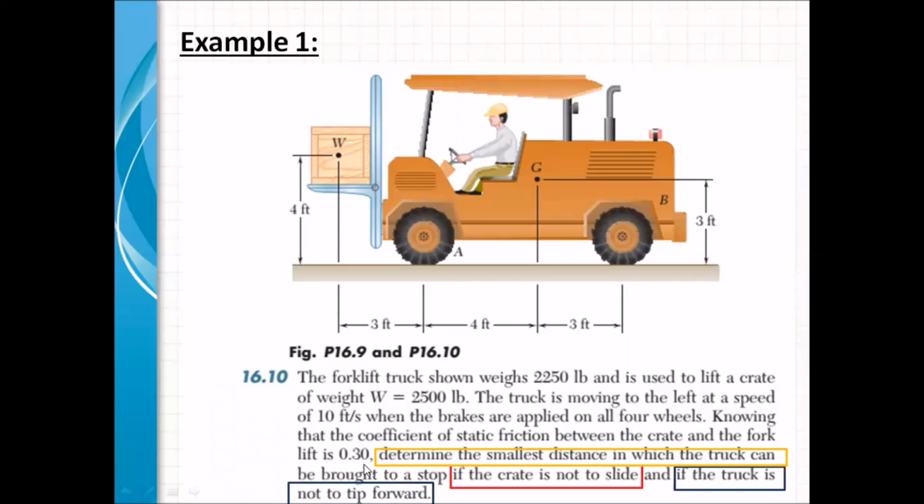Then what is required? Determine the smallest distance in which the truck can be brought to a stop, given the following conditions. First, if the crate is not to slide, that means this will not be sliding this way. And if the truck is not to tip forward, that means this thing will not flip over the front wheel.